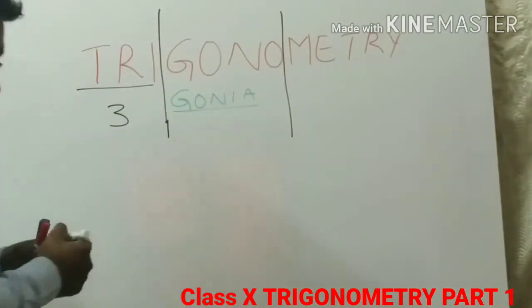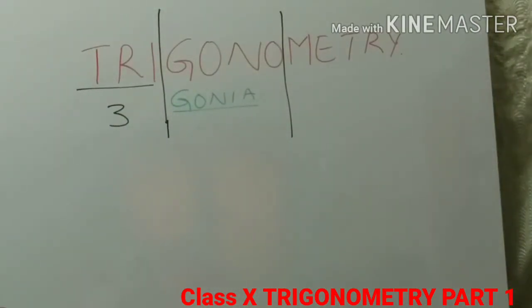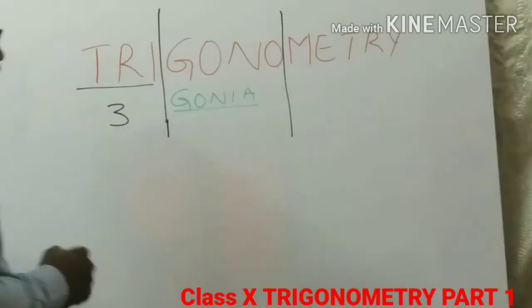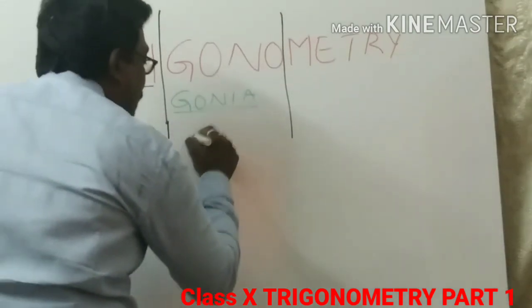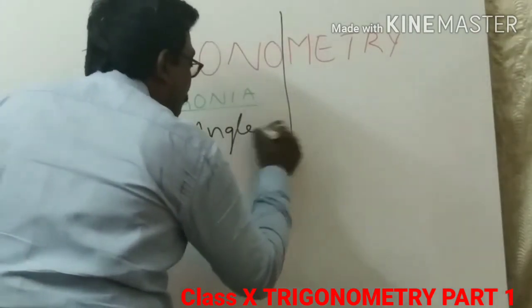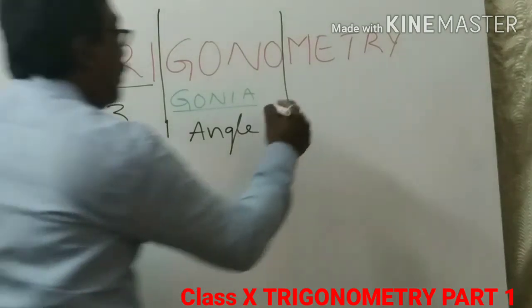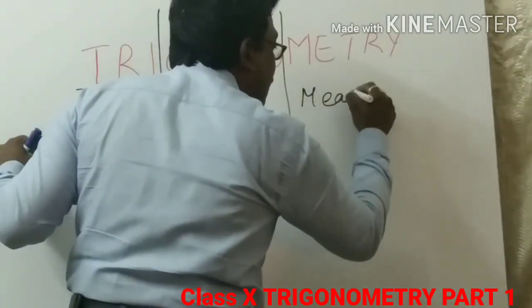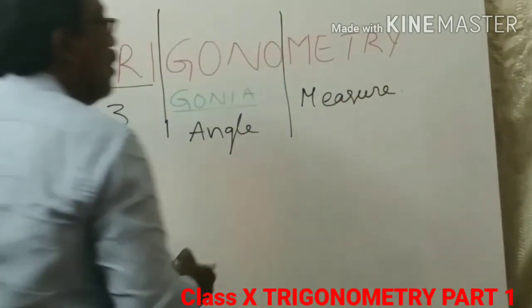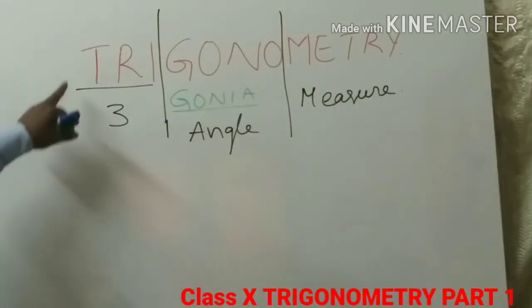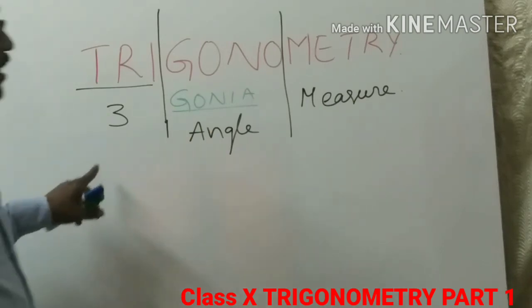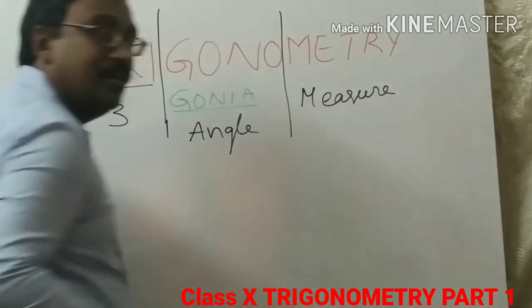It's a Greek word, gonia. It came from gono, that is 3. Gonia means in English, it is called triangle. And metri means it's a measure. So, the word trigonometry means three-angle measure.